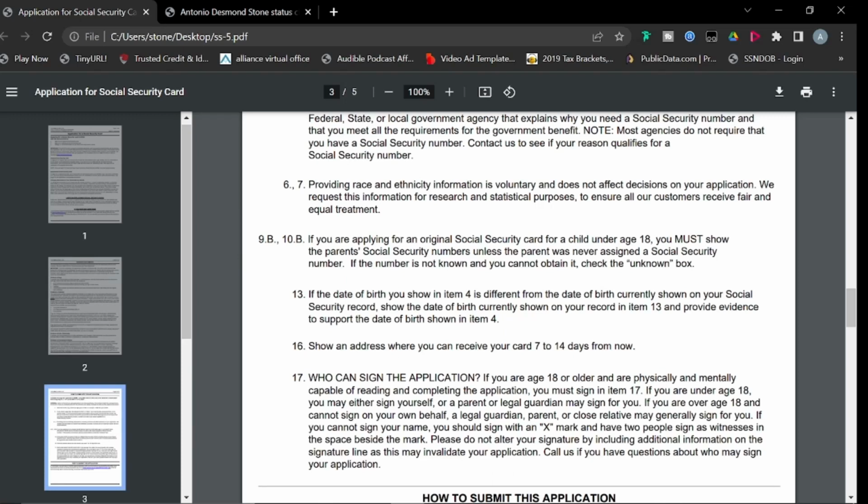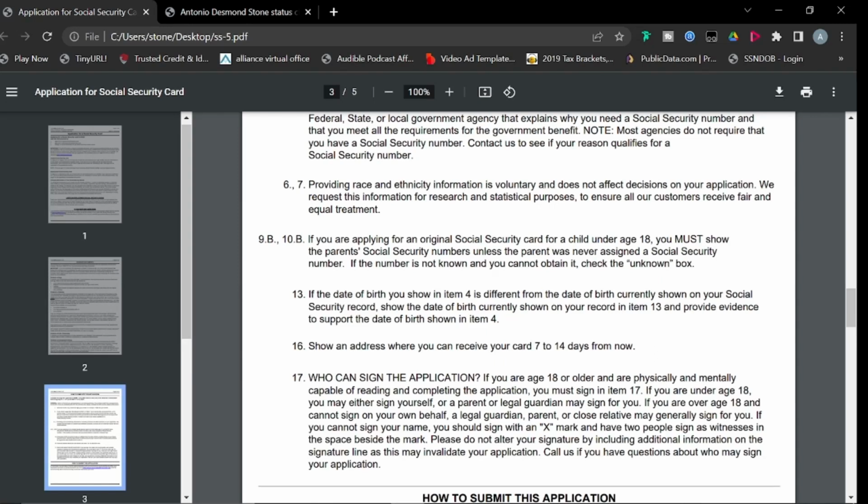Now, this is what I want to state for everybody. I always want to throw statutes and codes out there. This is why they do what they do right here. Please do not alter. This is what I wanted to show you. Please do not alter your signature by including additional information on the signature line, meaning statutes and codes.